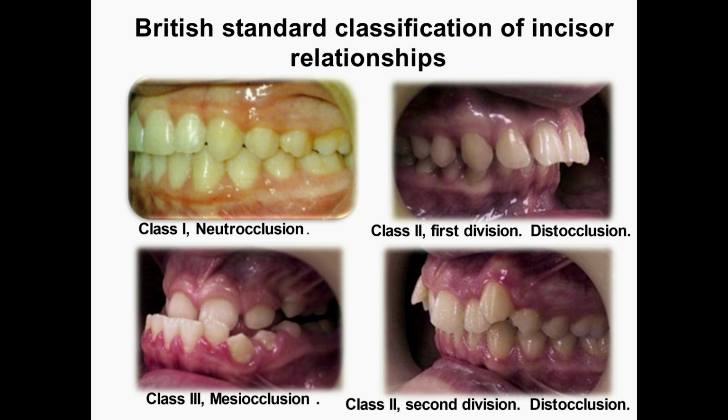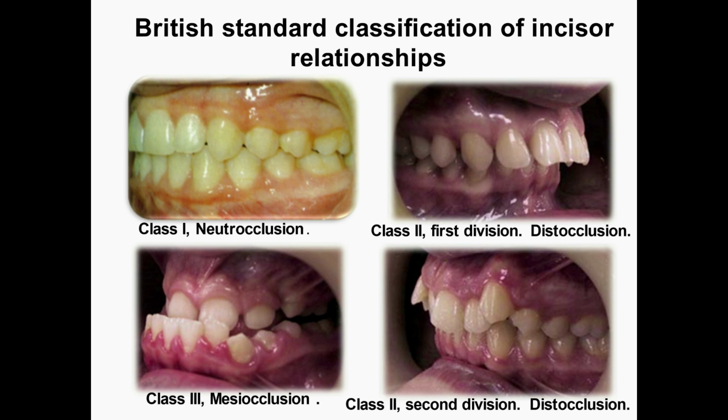The incisor relationship is described using the British Standards classification, but also needs to be supplemented with a description of the overjet and overbite. The British Standard classification of incisor relationships is the most widely used descriptive classification.